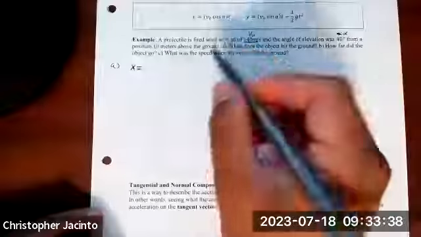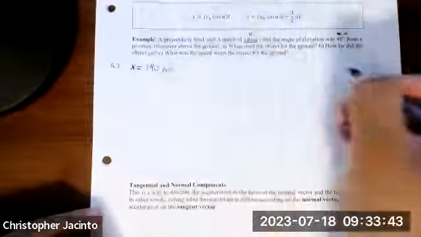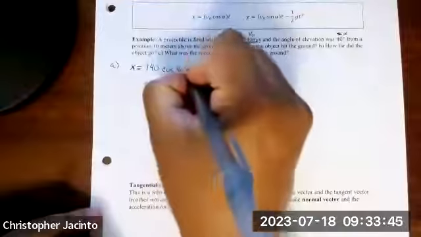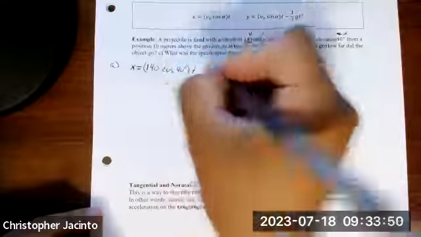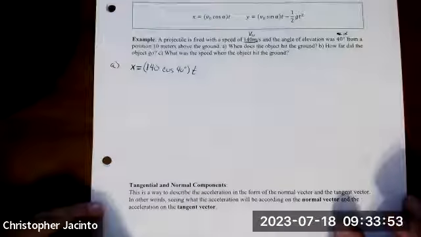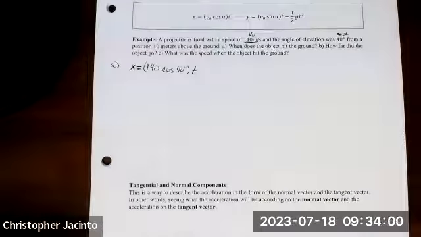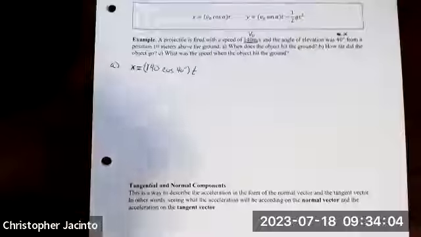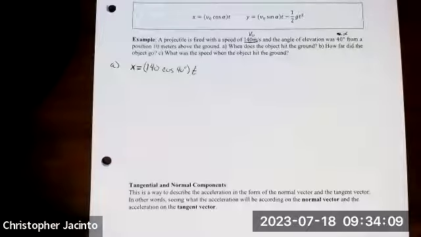So plug in what we have: 140 times cosine of our angle of 40 degrees, t. Let's make sure my calculator is in degrees, yes.